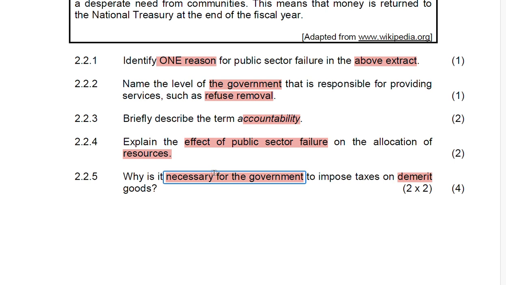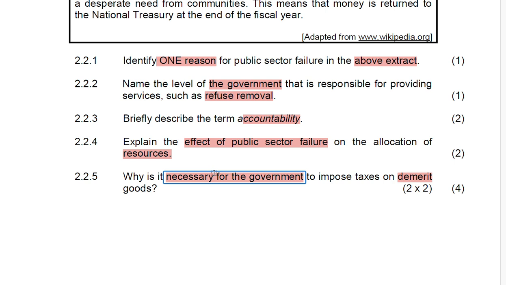So let us make an example for you to understand. If someone is smoking next to you, that can affect your health. And by affecting your health, it means that now there are indirect costs associated with the smoker that is smoking next to you. Do you understand that?